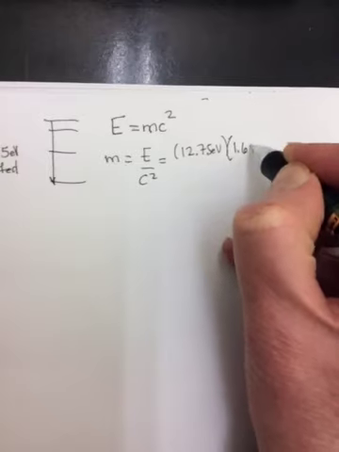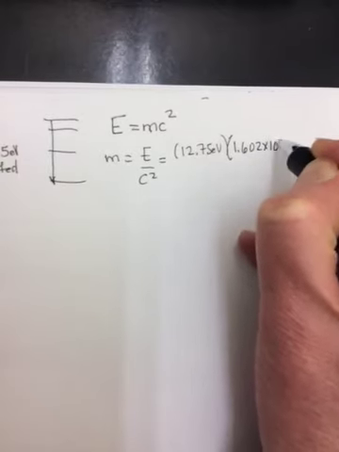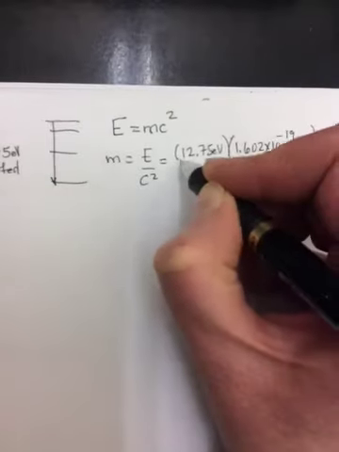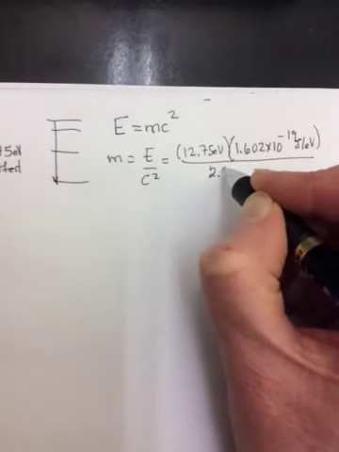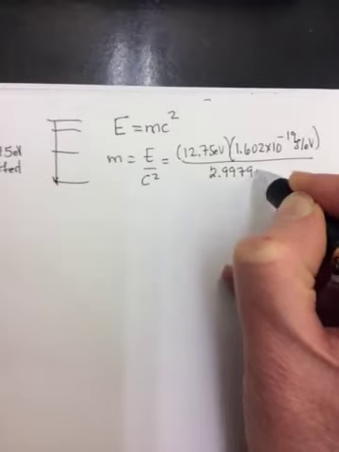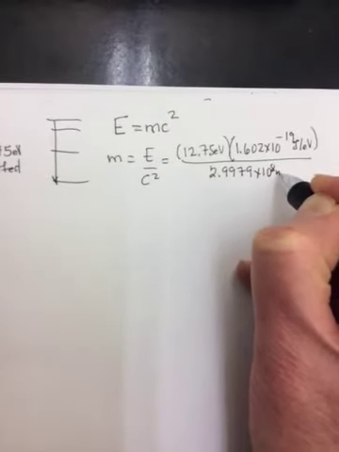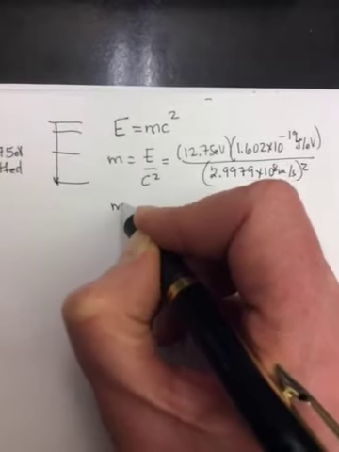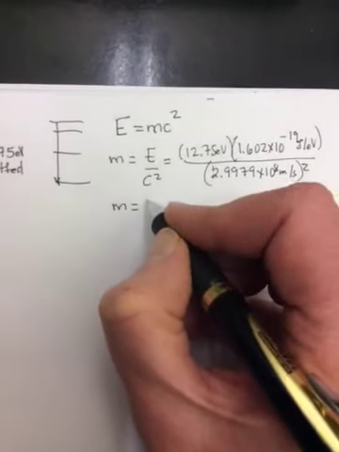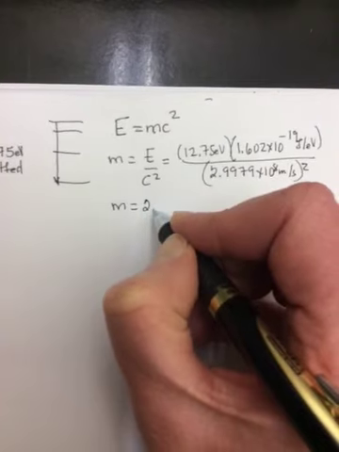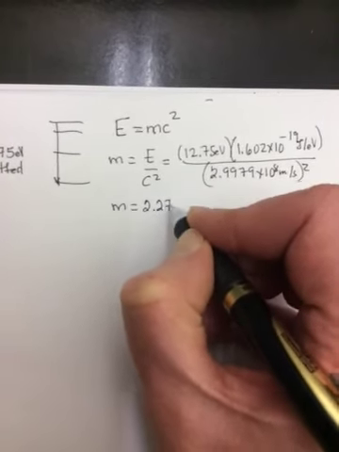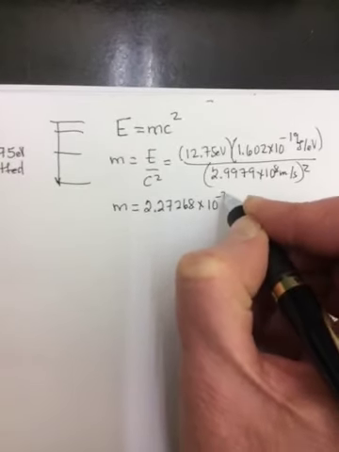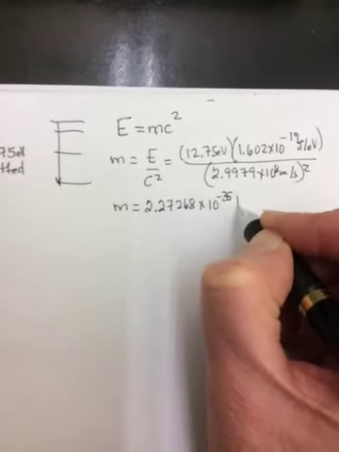So times 1.602 times 10 to the negative 19 joules per electron volt, divided by 2.9979 times 10 to the 8th meters per second, and that gets squared. And when you do this, you find out that that hydrogen atom has lost 2.27268 times 10 to the negative 35 kilograms.